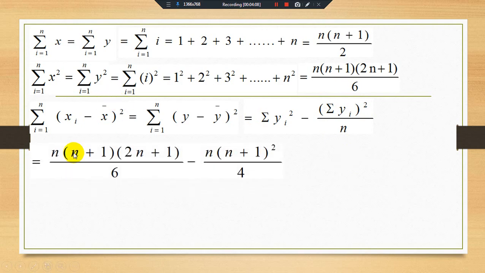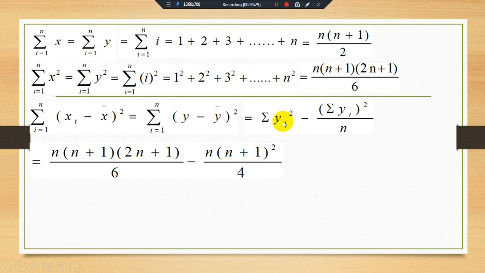So this shows that the answer of this part is equal to n into n plus 1 into 2n plus 1 divided by 6 minus n into n plus 1 square divided by 4.